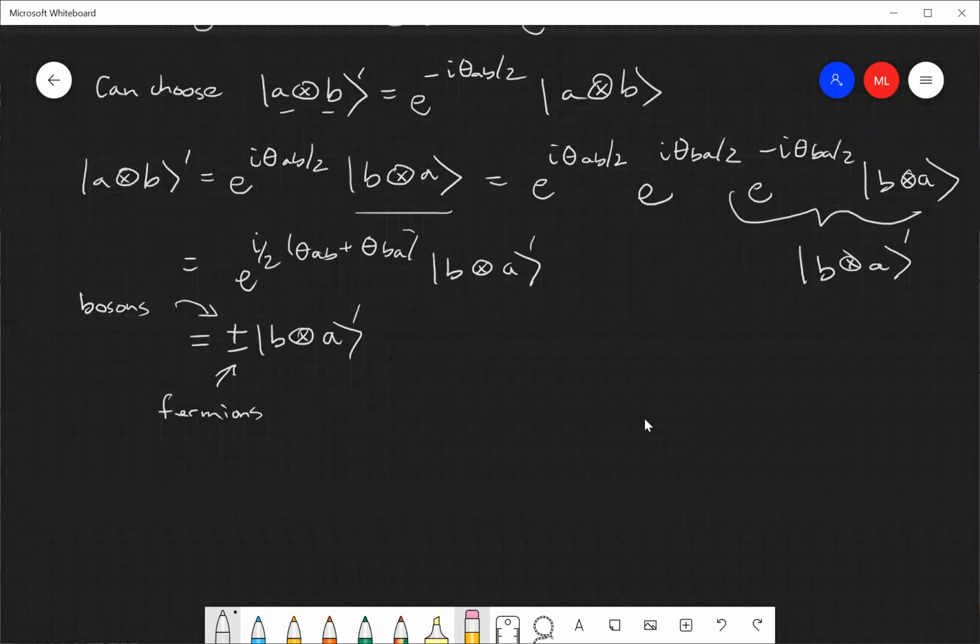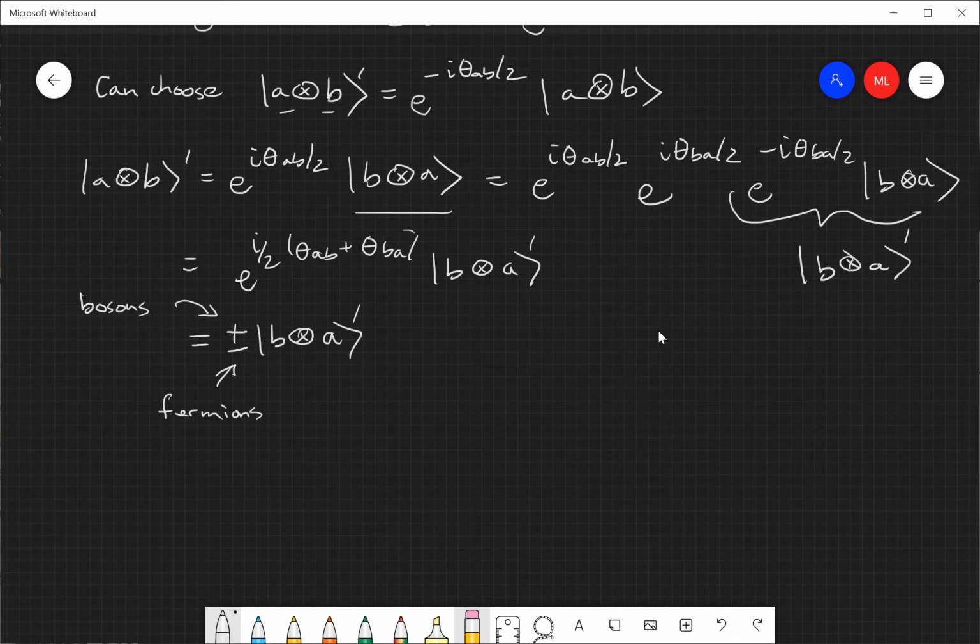So you might have heard in condensed matter and so on that people look at things that are neither fermions nor bosons, called anyons, which have more complicated properties.